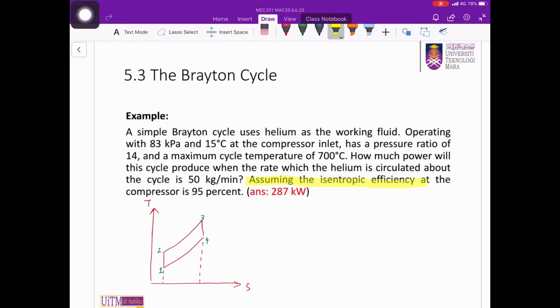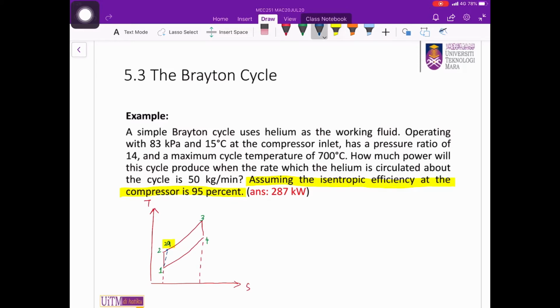Assuming the isentropic efficiency of the compressor is 95%, it means that although we are having an isentropic compression for the process 1 to 2, the actual outcome of the compression process will be the state 2A.